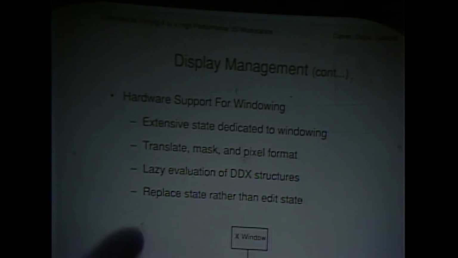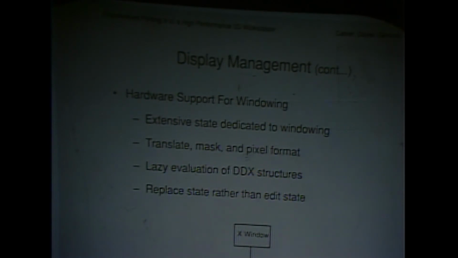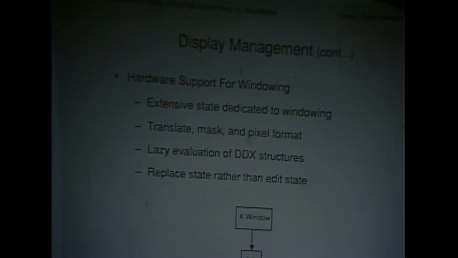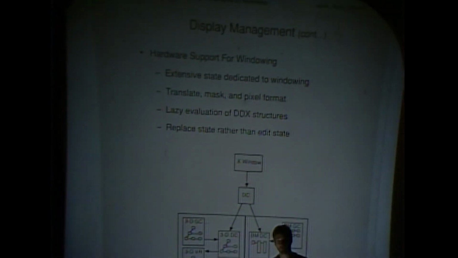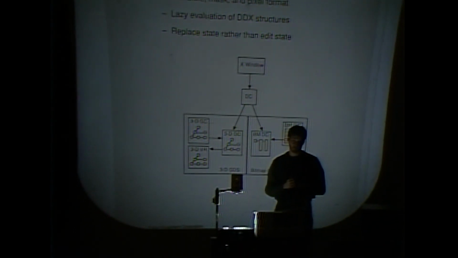The last note simply depicts that we chose to do a replacement of the state rather than sending down editing commands. That was generally because we didn't have sufficient memory management primitives in our hardware.